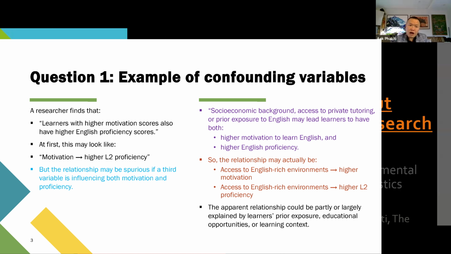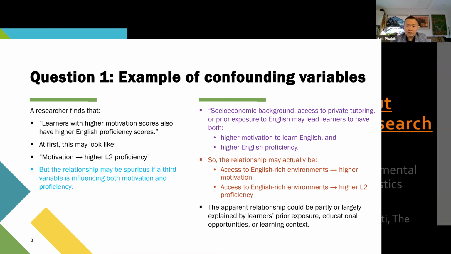However, okay, it might be affected by a third variable that can influence motivation and proficiency. For example, you can have things like socioeconomic background. Rich kids who have more money from their parents to take extra classes or to do many things, right? Including private tutorials and so on. And then maybe they have a lot of prior exposure to English compared with other people, right?